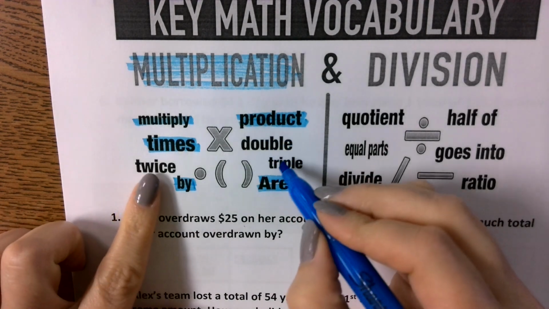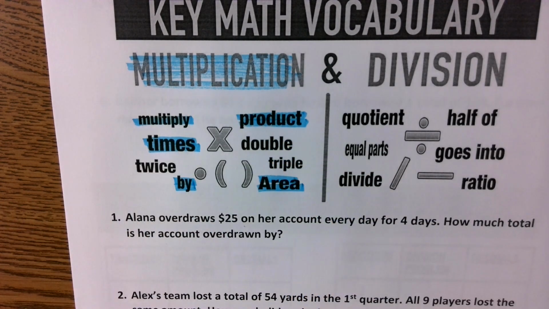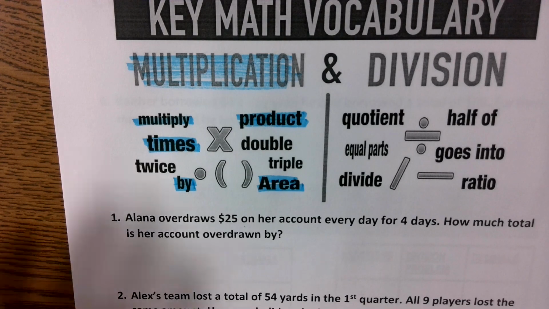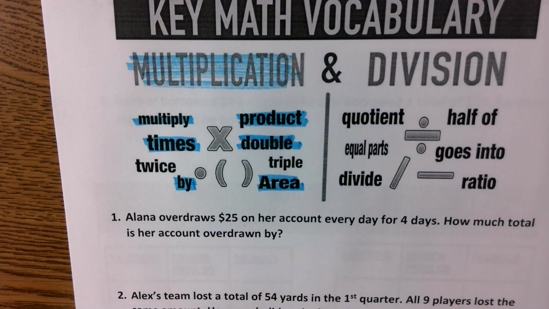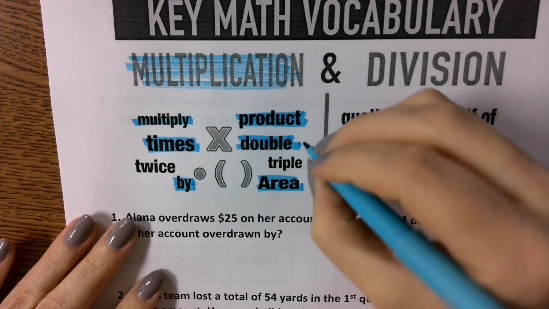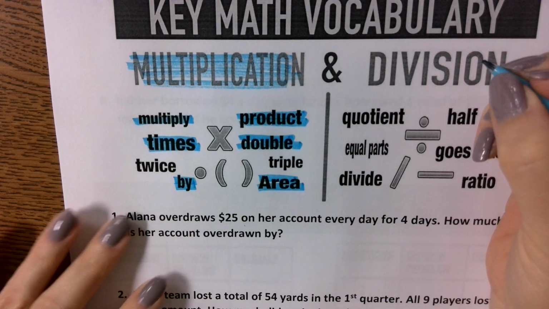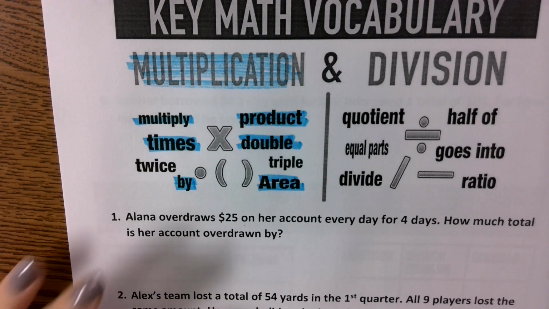Now, these 3 words that are left mean you're not only multiplying, but you're multiplying by a very specific number. So if you see the word double, what number are we multiplying by? If I say I'm going to double something, what are we multiplying by? Phoenix? Twice, right?